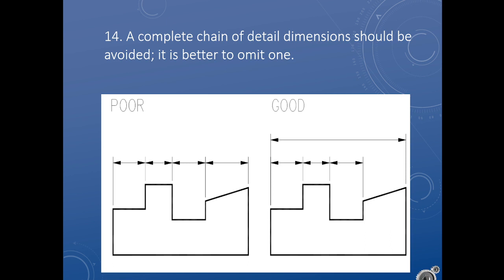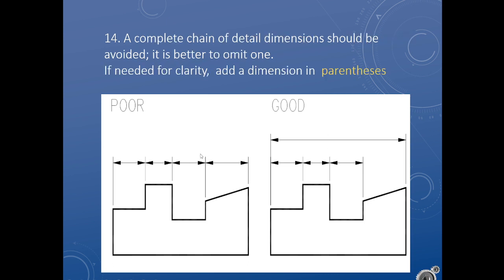Because very often, the first thing we need to do is cut out a piece to then start working on it. So if we're machining metal, we cut a piece of stock to the right size, and I don't want to have to do a bunch of math to figure out what that size is. It's nice to have a dimension that tells me what that is to start. So having a bulk dimension on my part is super useful. But if I had both that and the full chain, it would be redundant.